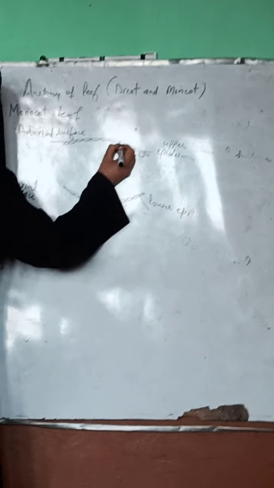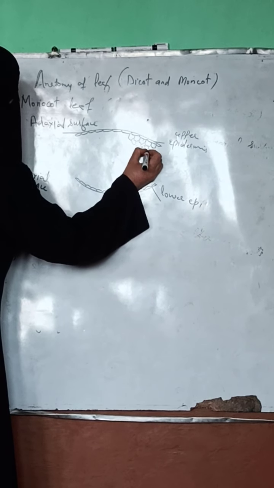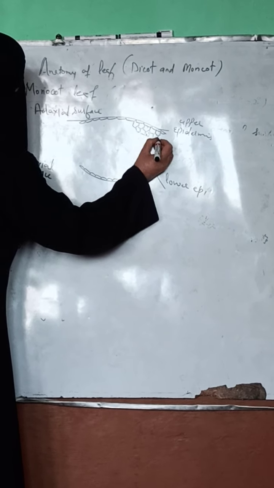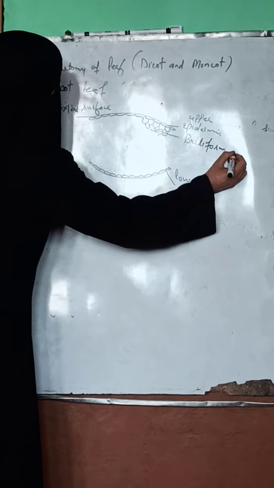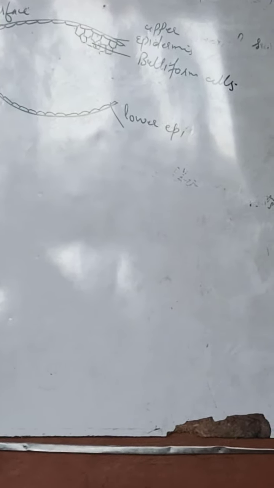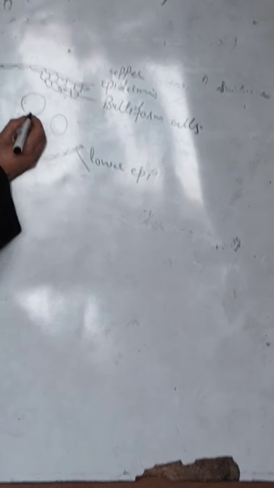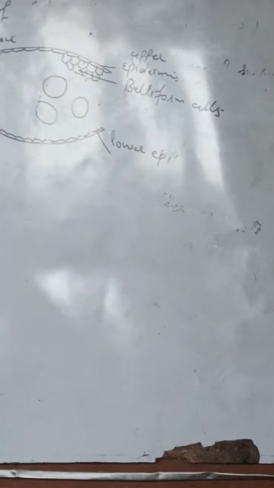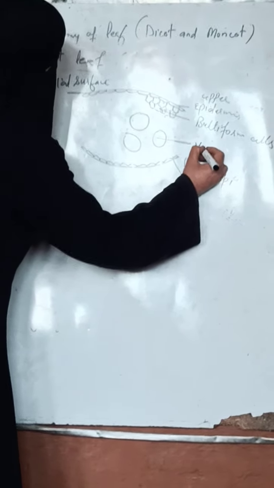There are cells like this, which we call as bulliform cells. Then there are vascular bundles. As I have told you, their size depends upon the size of veins and veinlets.